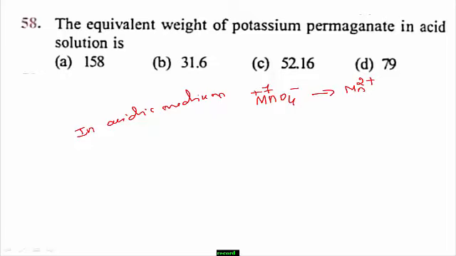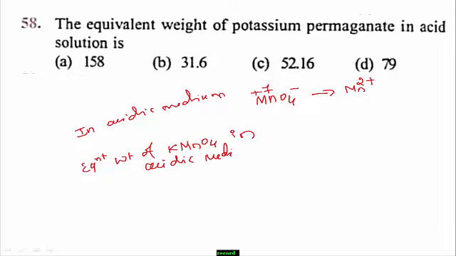The equivalent weight of KMnO4 in acidic medium is M by 5, where capital M is the molar mass, divided by 5, because plus 7 changes to plus 2 here.